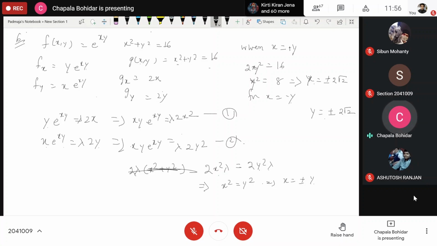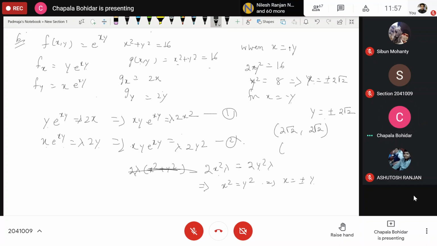If y is equal to 2 root 2, x is equal to 2 root 2. One critical point. Another critical point, y is equal to minus x, x is equal to plus minus 2 root 2.